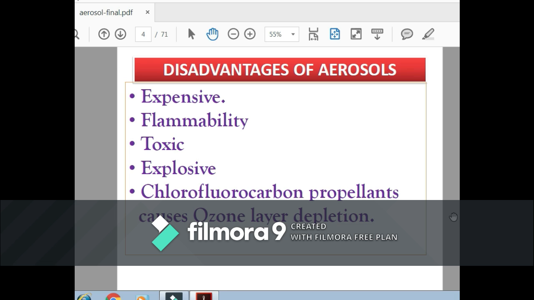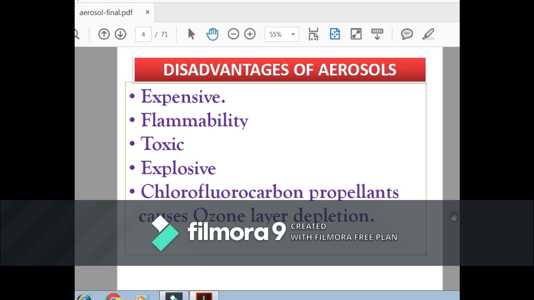We require a container, most probably a steel container, as well as the upper system of the spraying nozzle, then the dip tube. All this material is a little bit costly. So the whole system becomes very expensive compared to normal tablets, capsules, normal ointments, or other oral delivery systems.